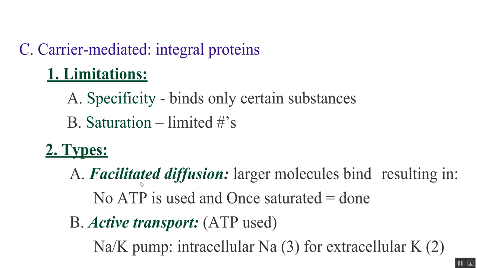So facilitated, it helps. It just helps move larger molecules through the cell membrane. The second one, active transport, which we already mentioned a little bit. ATP is used, and an example for that would be the sodium-potassium pump. So intracellular sodium, you have 3 molecules, are exchanged for extracellular potassium, 2 molecules.